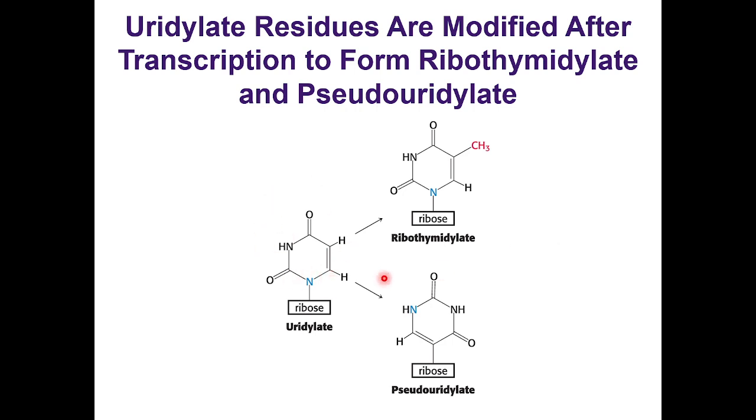So again, this is uridylate right there. And we are modifying this. This one has a CH3. This one right here is the nitrogen here instead of just, it moves one space over for the nitrogen. Yeah, basically rotating nitrogen.